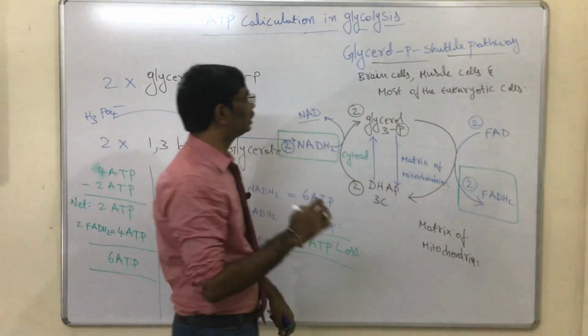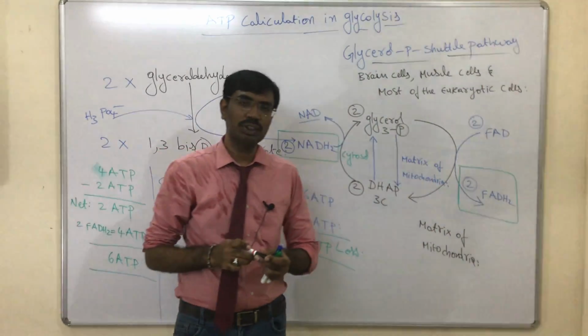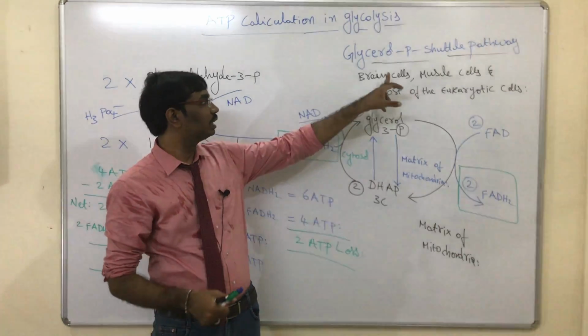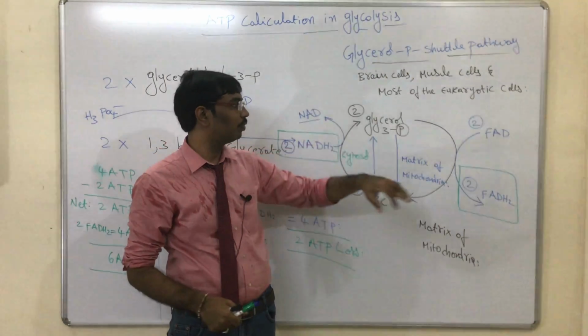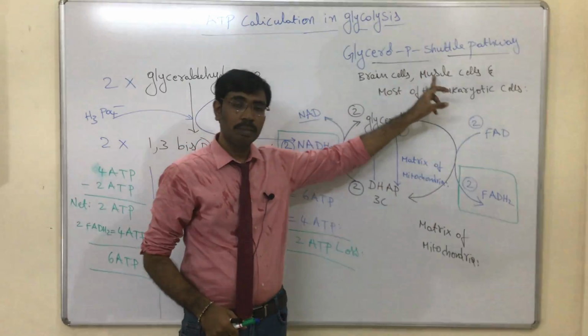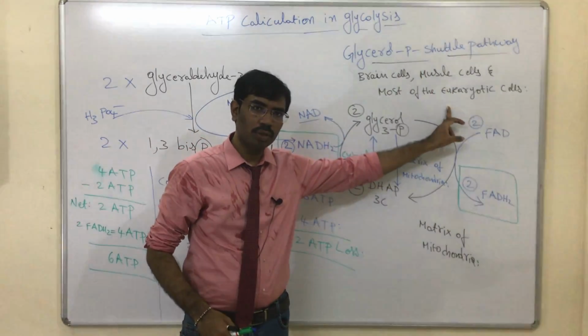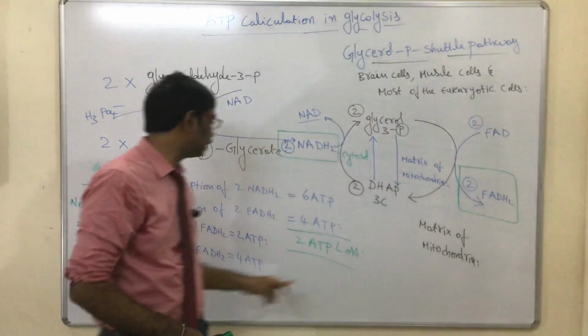Because of that, brain cells, muscle cells, and most of the eukaryotic cells will produce 6 ATP in glycolysis.